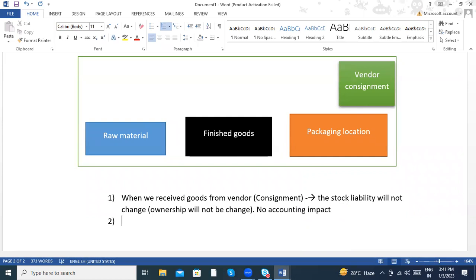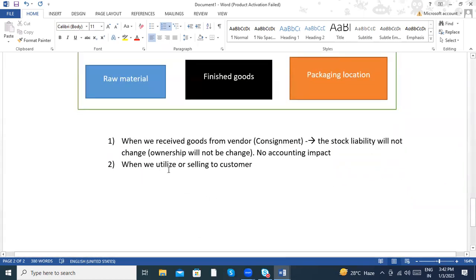Then when we utilize the stock, or sell the goods to a customer, whatever it may be, we can call it consumption. We consume the stock.